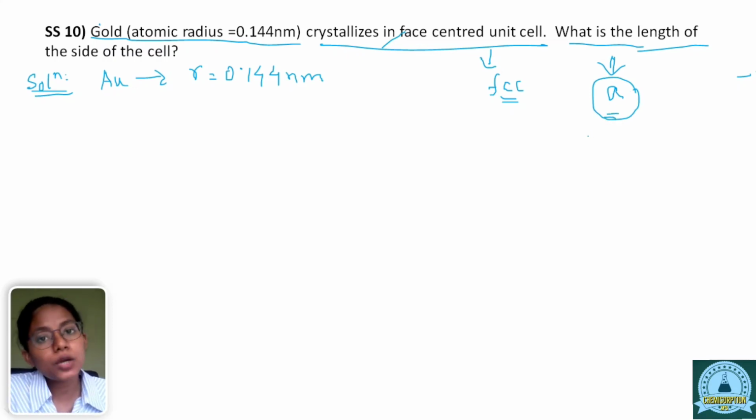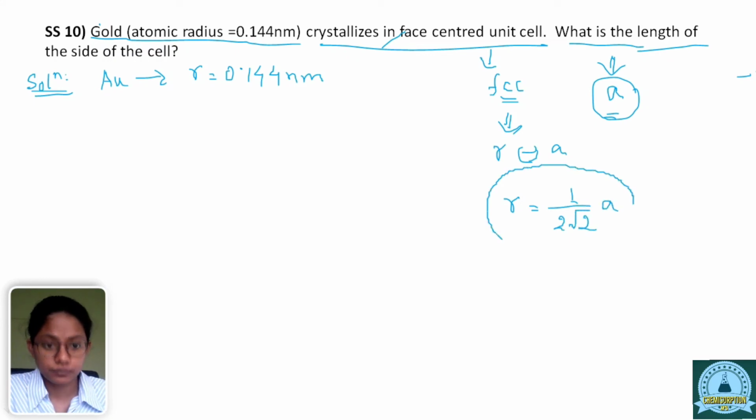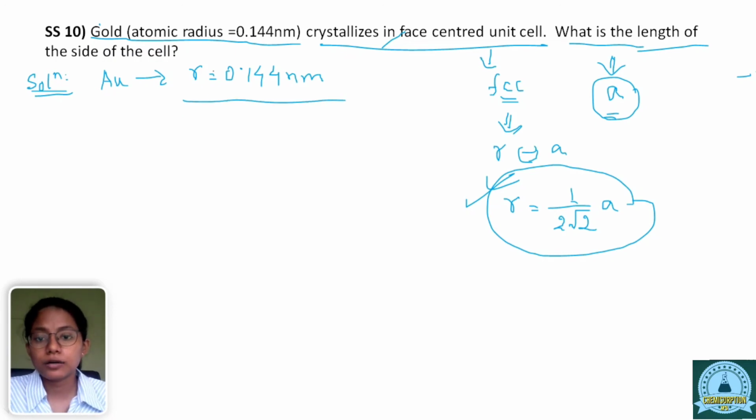So in the beginning we have found that for FCC the relation between R and A is R equal to 1 by 2 root 2 A. So we will use this formula here, given that R is equal to 0.144 nanometer. Therefore A is equal to how much? It would be 2 root 2 R nanometer.